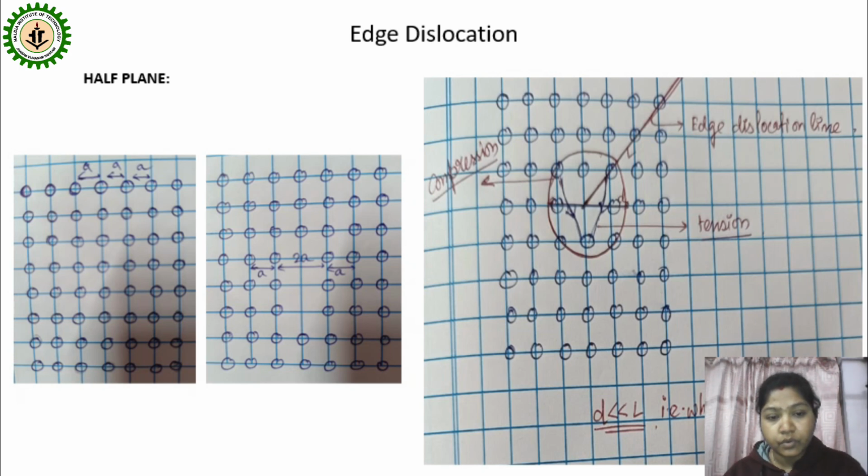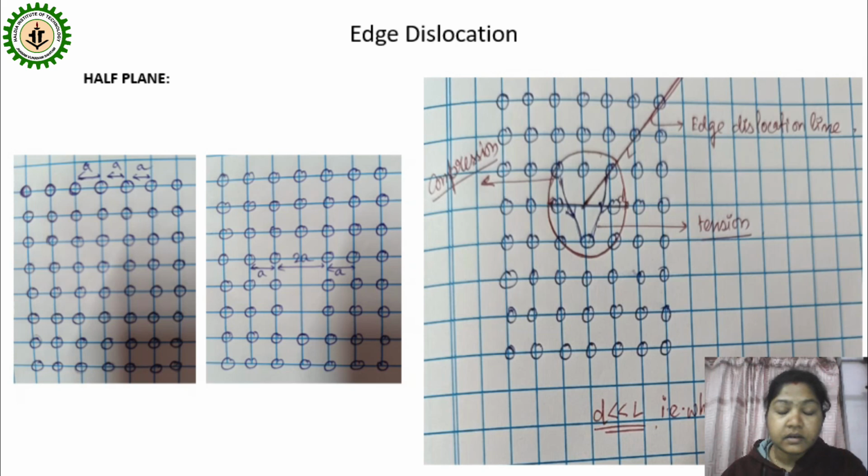But if you go to the lower part, you can see atoms are missing, here, here and here. So three atoms are missing. There are three lattice points where the atoms are missing, and the distance from one atom to another is 2a due to the missing atom.